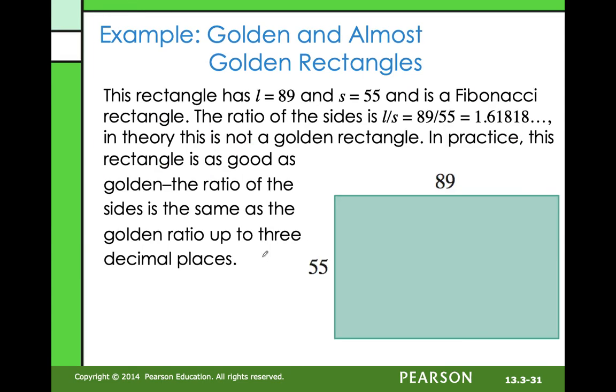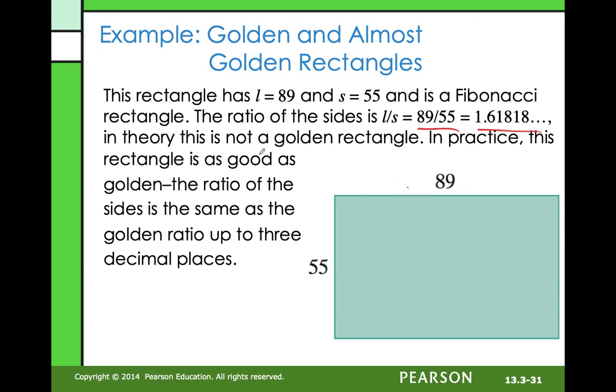To give you another example, this rectangle has a length of 89 and a shorter side length of 55. It's also a Fibonacci rectangle, so much further down on the list of Fibonacci numbers. The ratio of sides is L divided by S is equal to 89 over 55, which is 1.6181818.